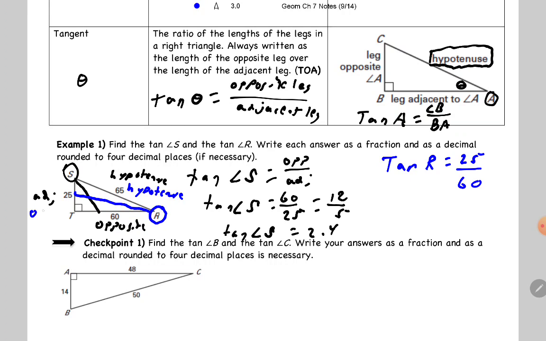So in this one, this is the opposite side, and this is the adjacent side. If we reduce this, it will be 5 over 12, and the tangent of R is approximately 0.4167.